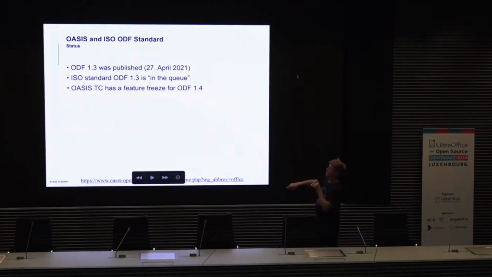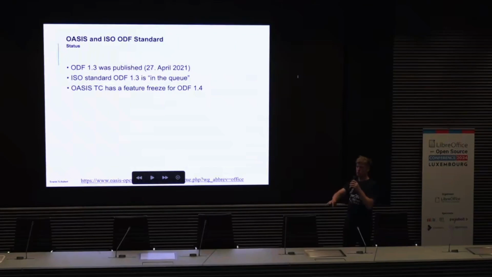So let's continue. What are we doing now? What is the status at the moment? The version ODF 1.3 is published. At ISO, it's been thrown over the fence, but it's in the queue somewhere. I'm not sure what the voting and the process are there. I have my guess, I have to look it up. But the next, oh wait, sorry, this is the old feature freeze, this is not updated.